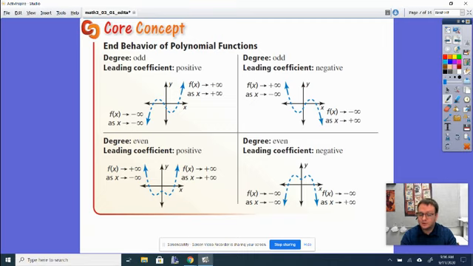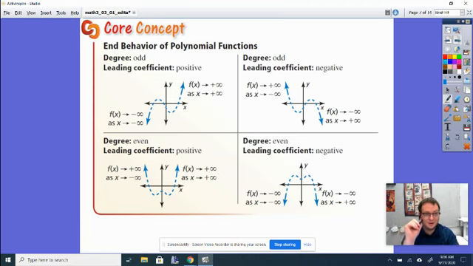So when I think about a quadratic, the degree is 2 because the biggest exponent is 2. When it's positive, it looks like this. And when it's negative, it goes down. That is going to be true for every single even polynomial. So for every single even polynomial, positive up, negative down.